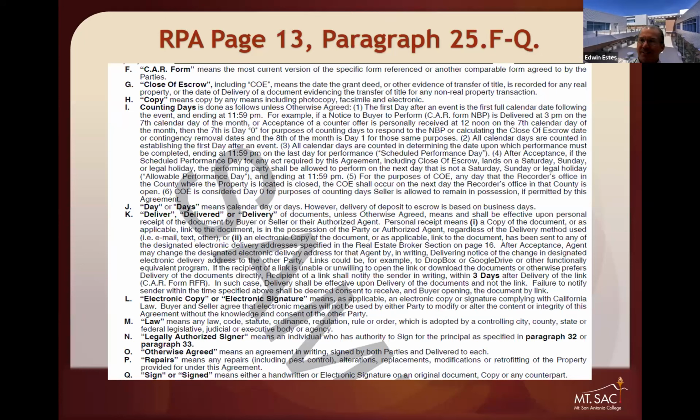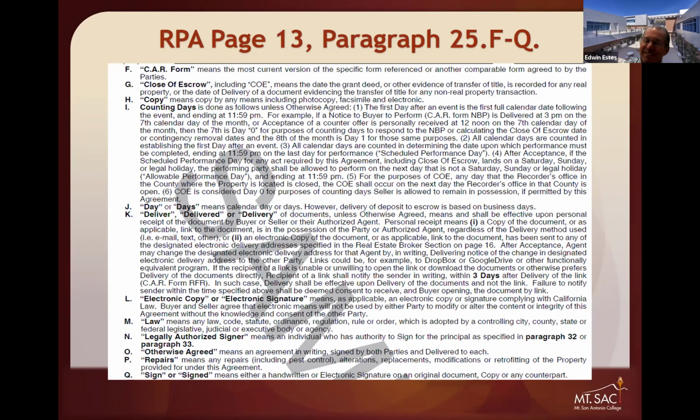Counting days. Nothing causes more confusion in our lives than counting days. So this is how we count days, okay? Unless it's the deposit, then it is 3 business days. Why 3 business days? Because escrow, banks, whatever, they're not open on non-business days, right?